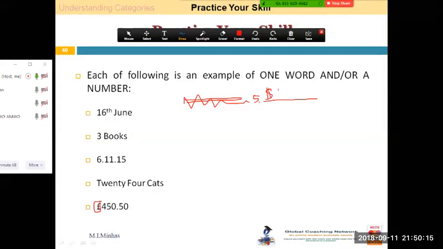If it says $20, then you write it like that. But if the unit is already mentioned and there's a blank after that unit, then you don't need to write the unit. I have seen in Cambridge books that sometimes even if you write a unit, it's correct. But my point is why take a risk? If this unit is already mentioned here, then why should I write it?